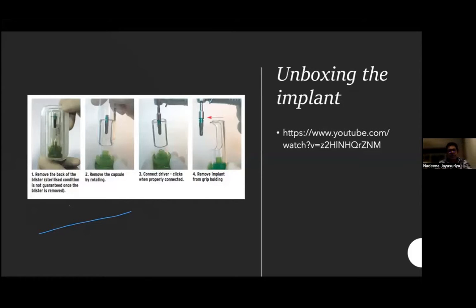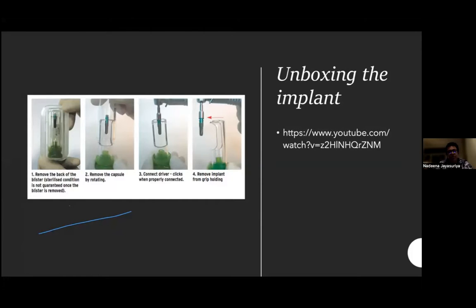Each implant is different. How it is boxed, how it is fixed, it is different. So one important advice that I want to give you is, before you work on an actual patient, please get to know the implant very well. How to open the box, how to take the implant out, and just go and see that with a person who's using it already.